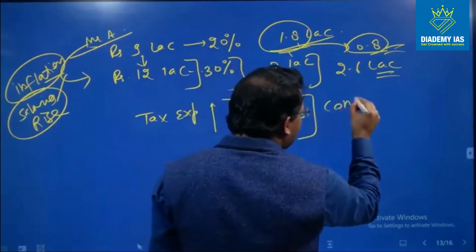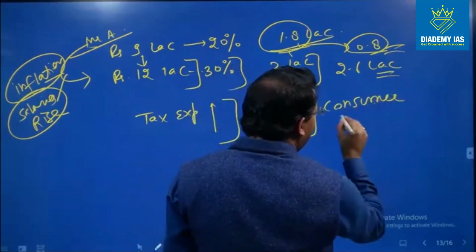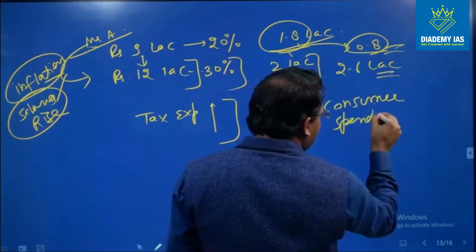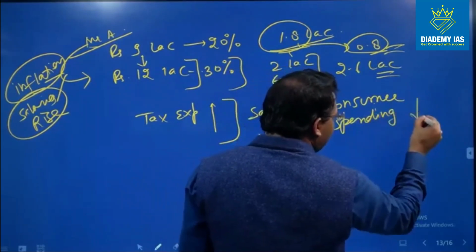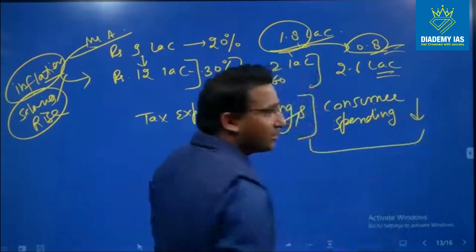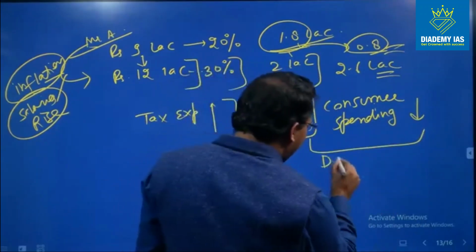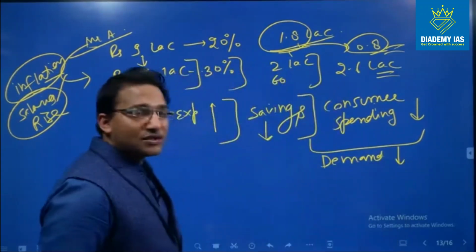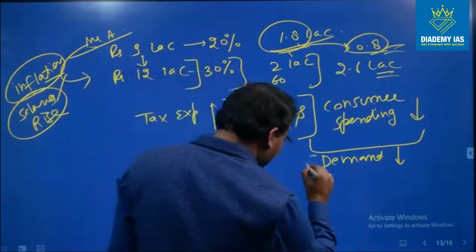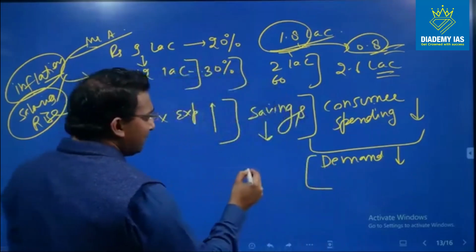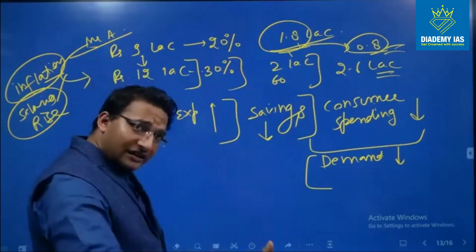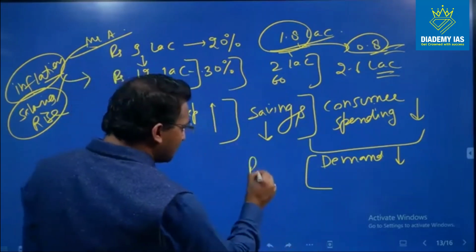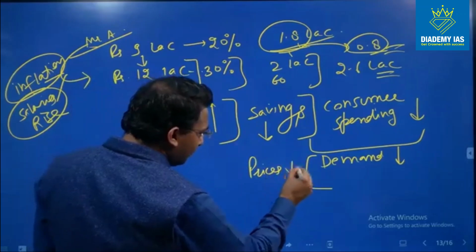That means his consumer spending capacity gets reduced. If his consumer spending or purchasing power is reduced, that means demand for the goods and services is reduced. If the demand for the goods and services is reduced, supply cannot decrease suddenly. That means the prices of the goods and services will reduce.